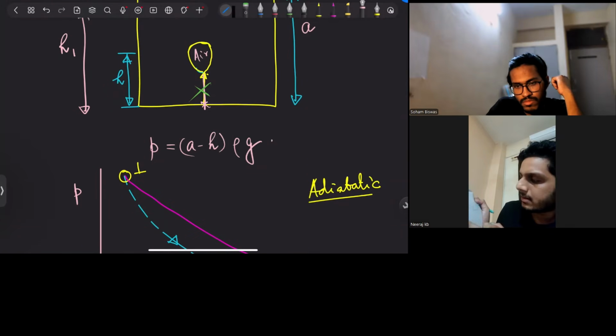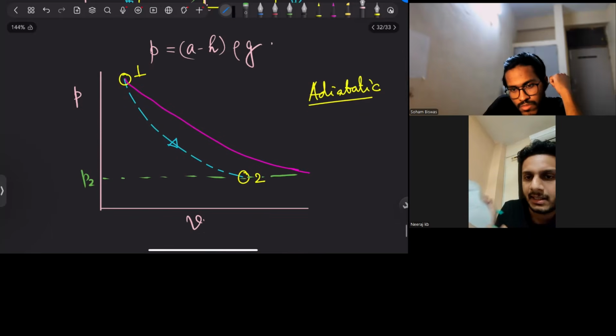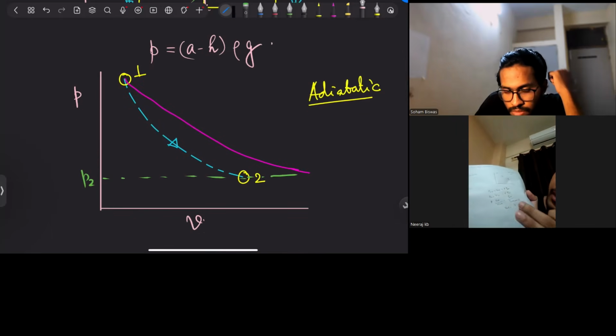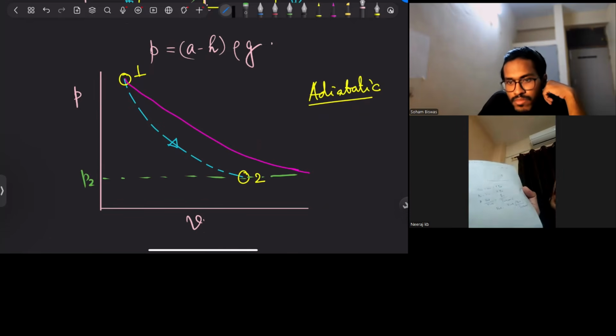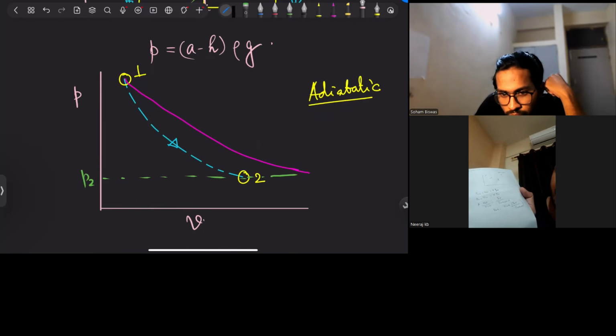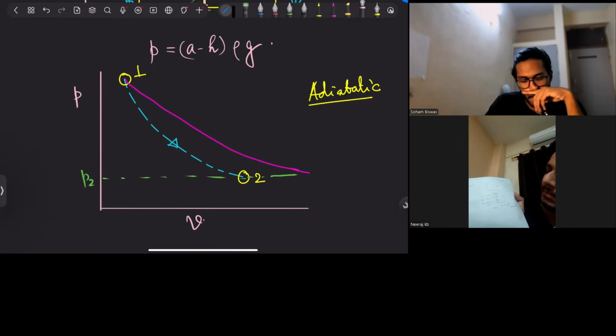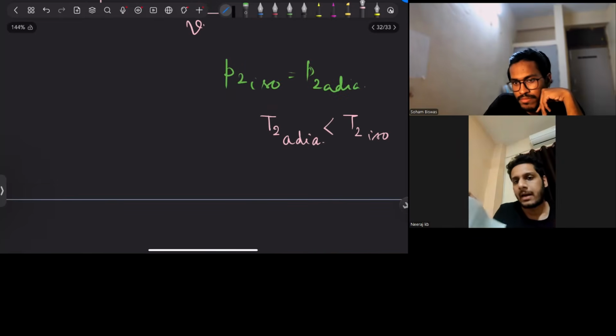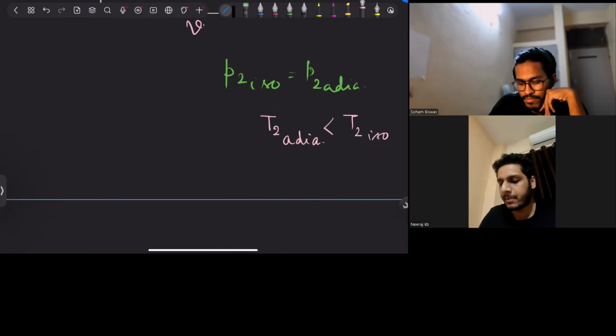So we'll get V adiabatic is equal to V isothermal into T adiabatic by T isothermal. The term T adiabatic by T isothermal is basically less than 1. Therefore V adiabatic will be less than V isothermal.